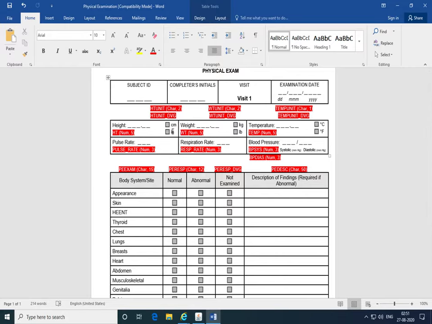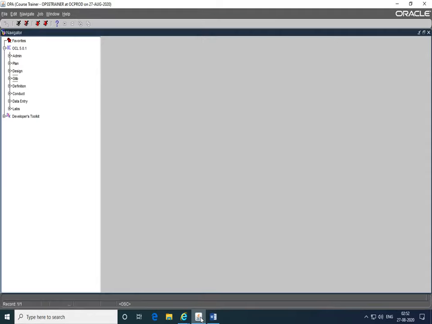So when you design this case report form within the Oracle Clinical application, you have to break down the case report form into DCIs, DCMs, question groups, questions, and discrete value groups. And then you have to rebuild those objects within Oracle Clinical using the global library and the definition subsystem. 3 of these objects are created in the global library, that is discrete value groups, questions, and question groups.